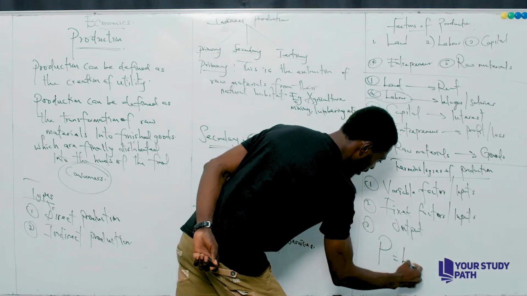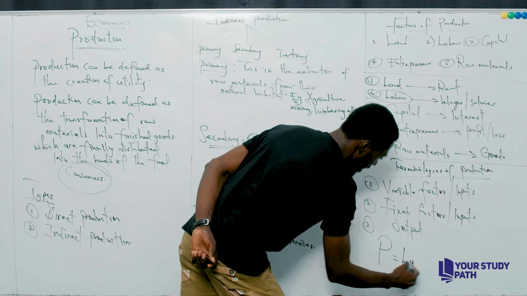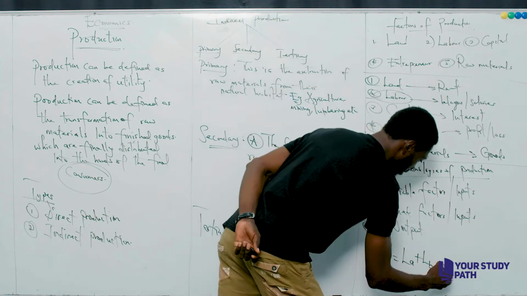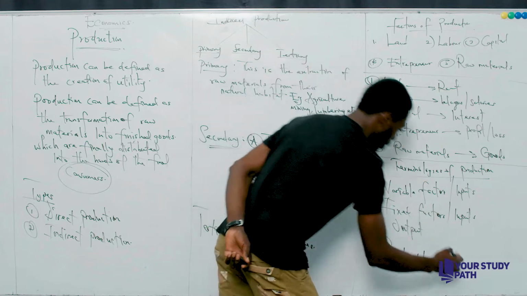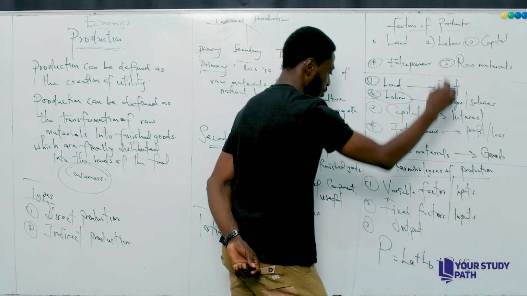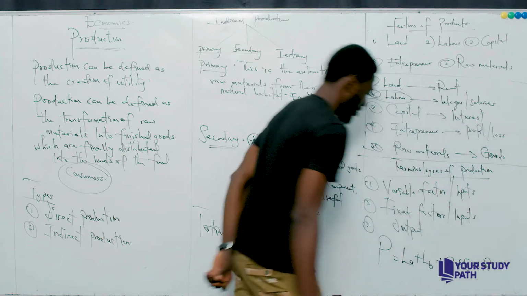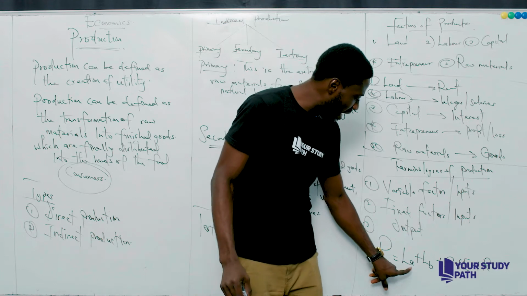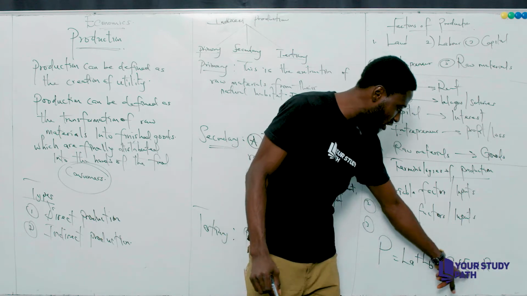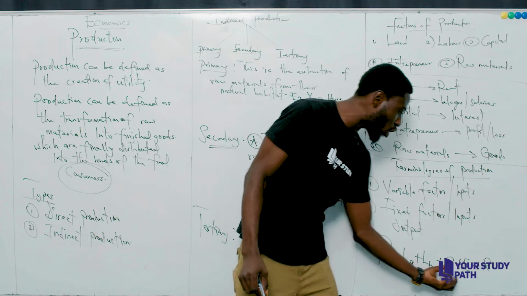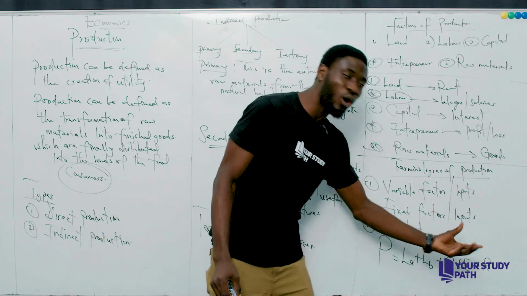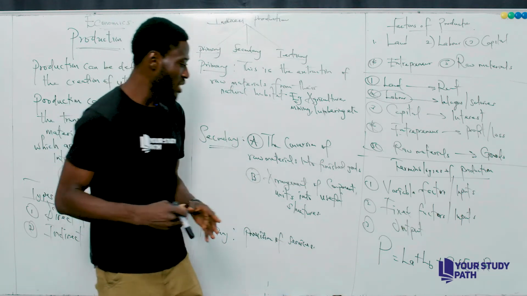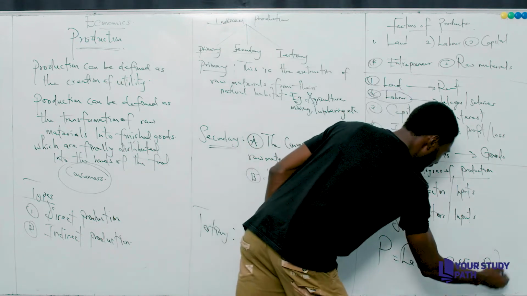So we have land, let me make that LA, then labor, let me call that LB, then my capital, let me call that C, entrepreneur, let me call that E, then raw materials, let me call that R. So production equals LA plus LB plus C plus E plus R. It means if I add all these things together, I must be getting production. Now, in simple terms, I can call all this in here input.